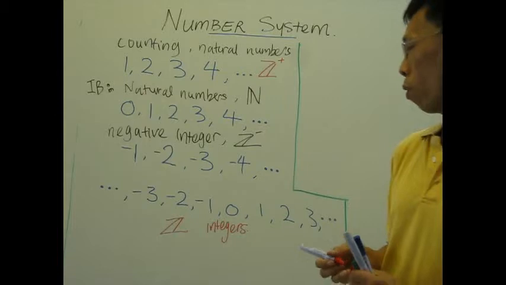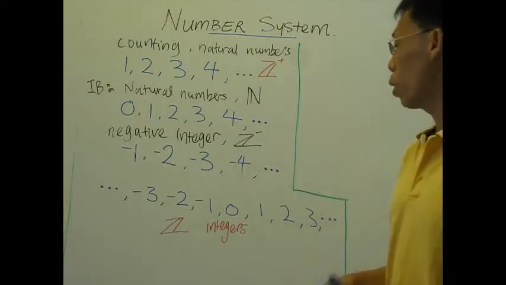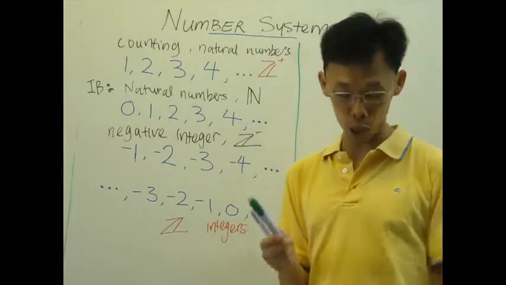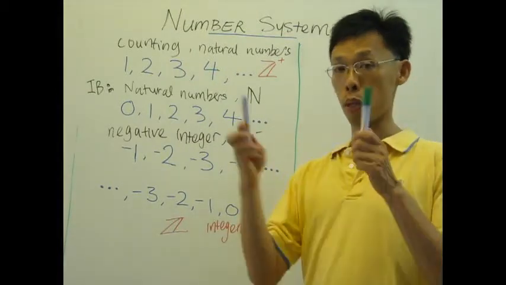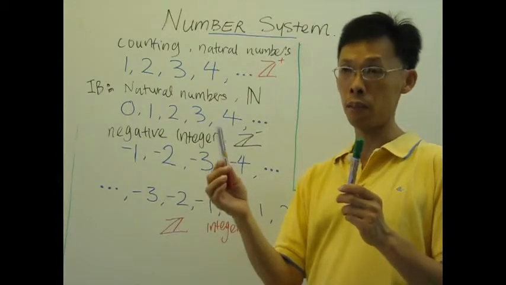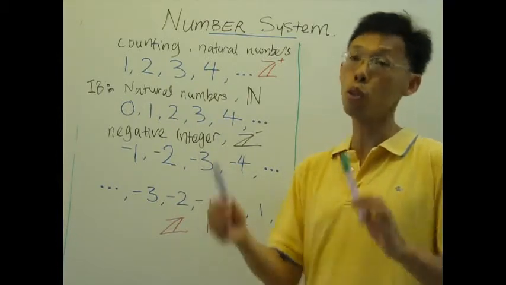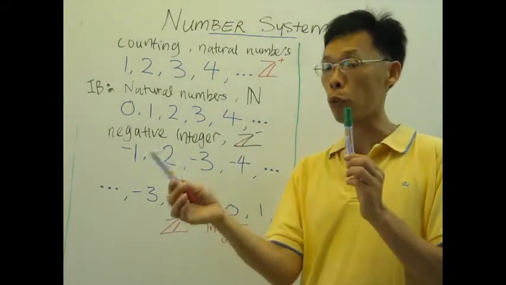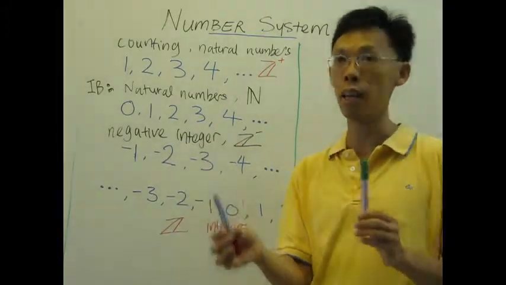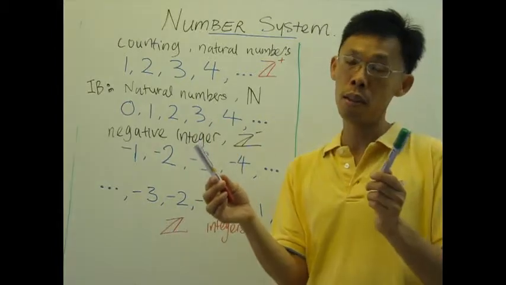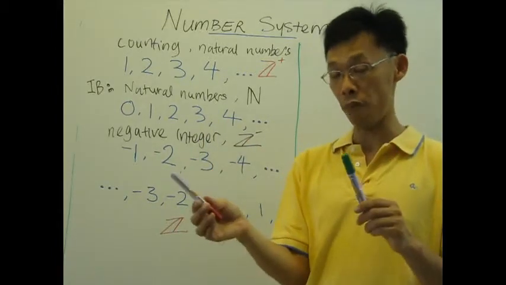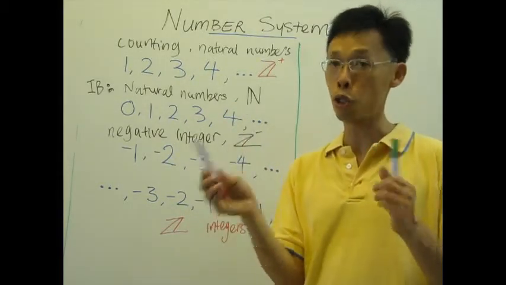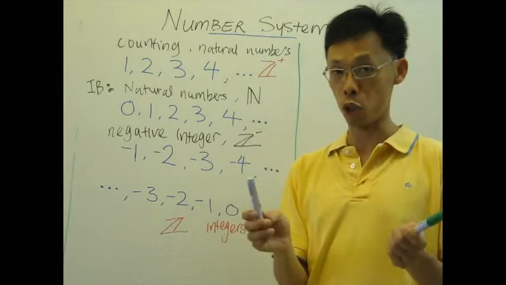Well, if you have two integers and you add them together, let's say 2 plus 7, then you get 9, which is also another integer. If you subtract one integer from another, let's say 2 minus 7, you get -5, that's also an integer. So when you sum or add integers together, you always get an integer.